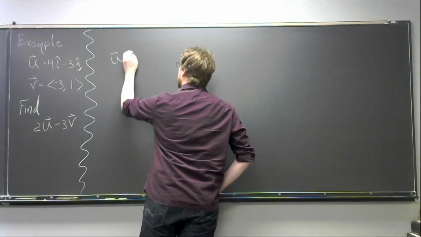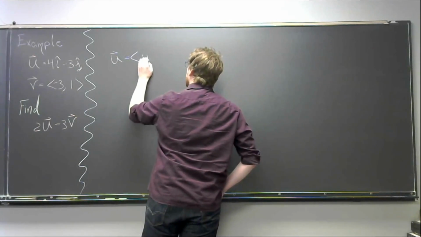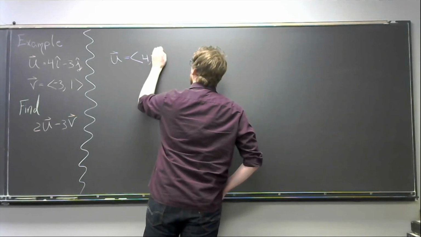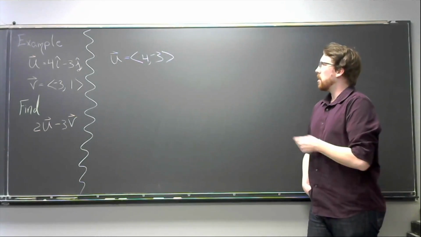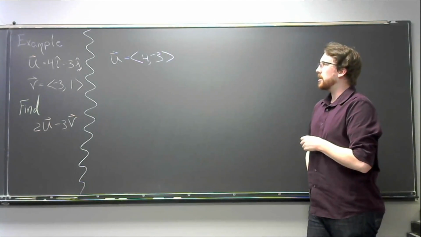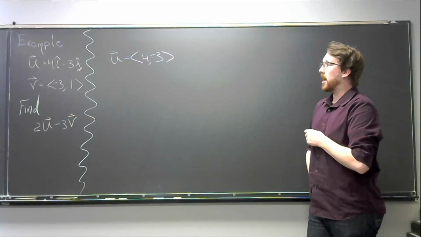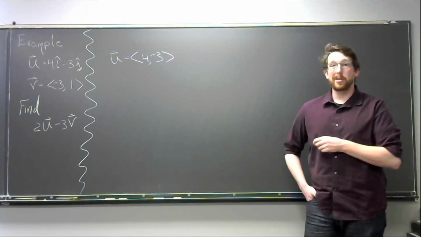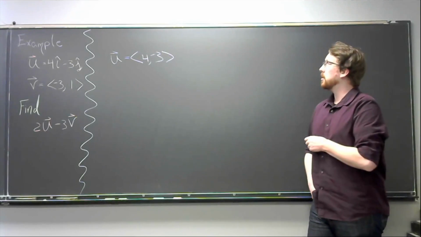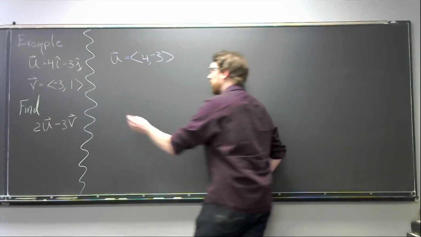U is going to be in the form 4, -3, right? Well, we already know that v is in that same form, -3, 1. So now all we have to do is the arithmetic of all of this. So let's do that.